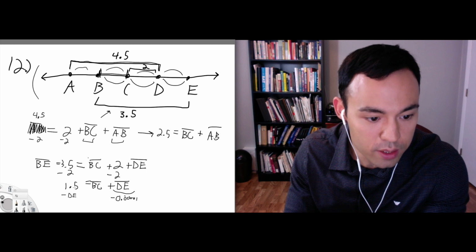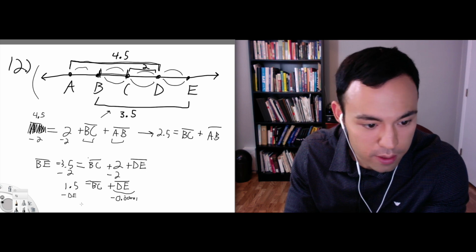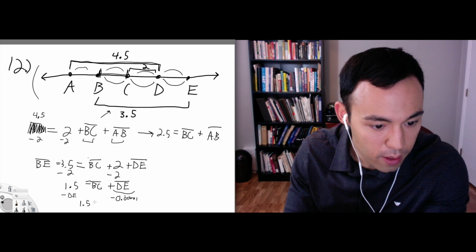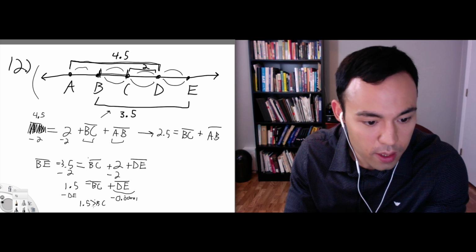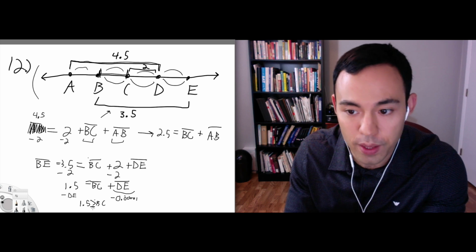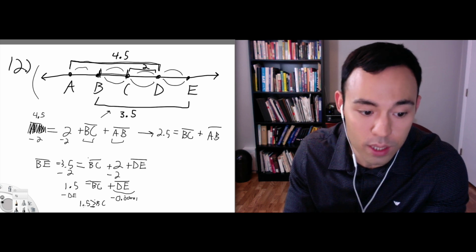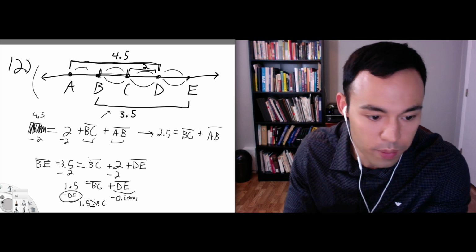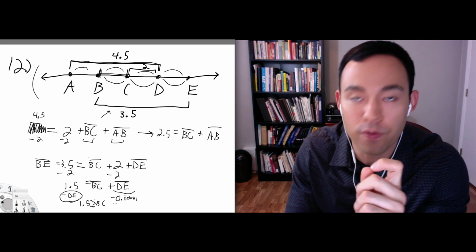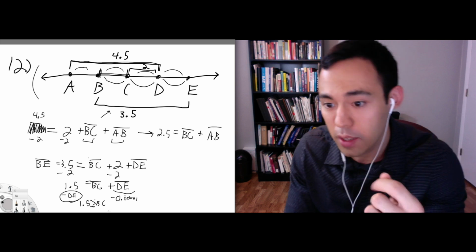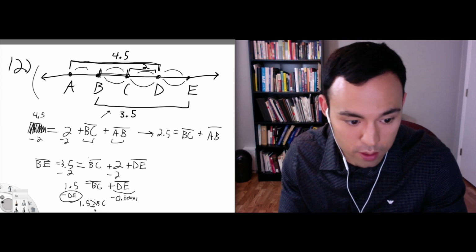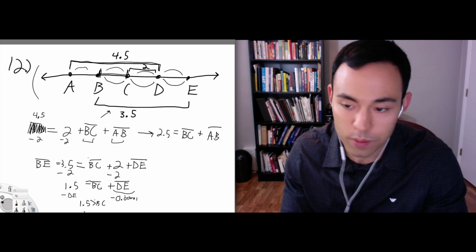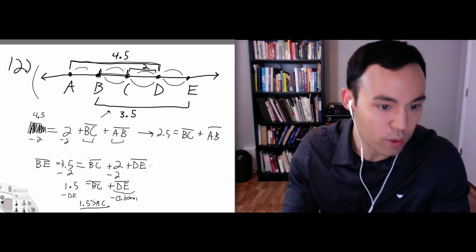And we're essentially saying that BC has to be less than that. So BC has to be less than something. If it were equal to 1.5, then DE wouldn't be some infinitesimally small value subtracted off of it. So BC is not less than or equal, it's just less than 1.5 over here.